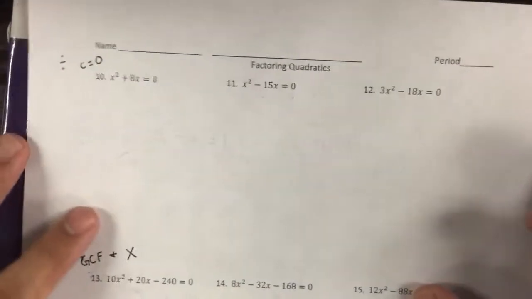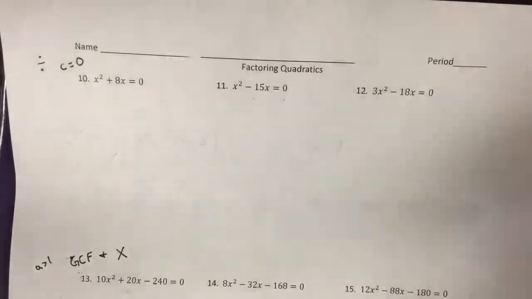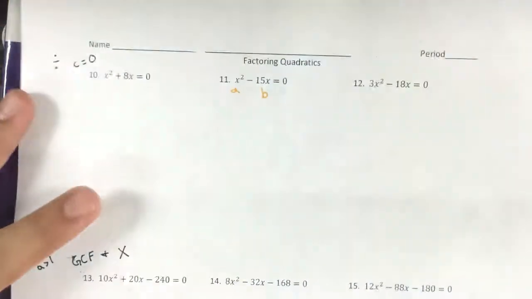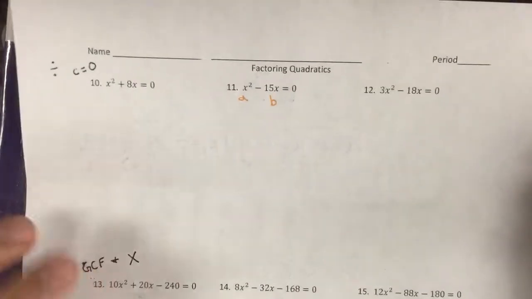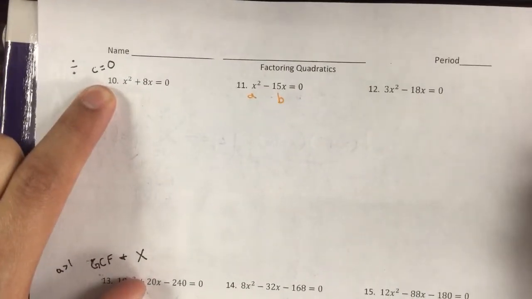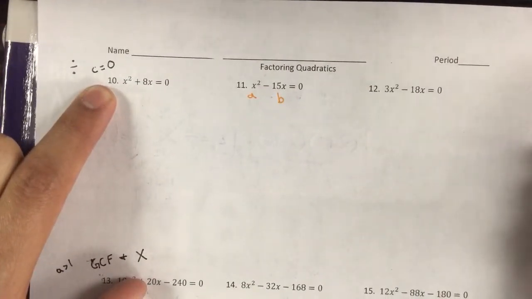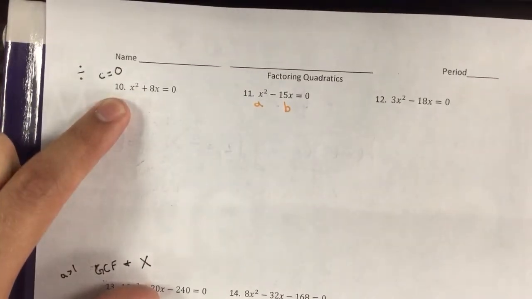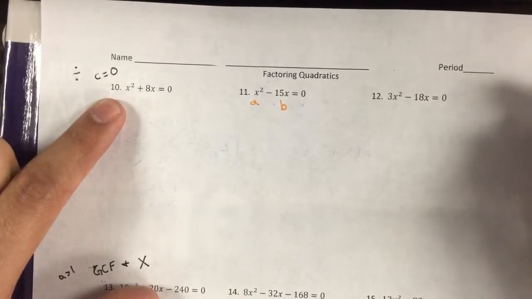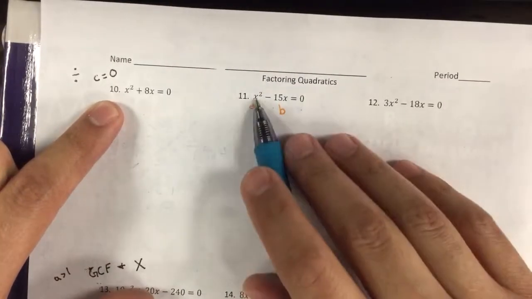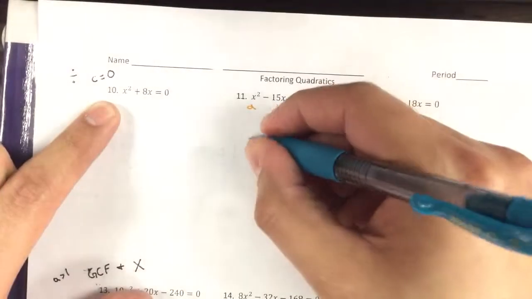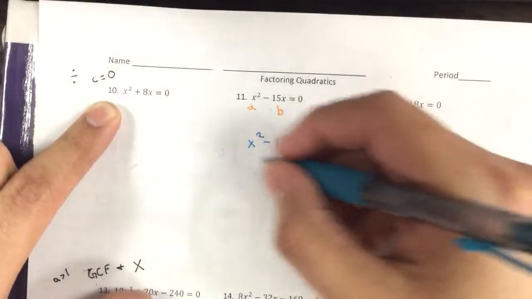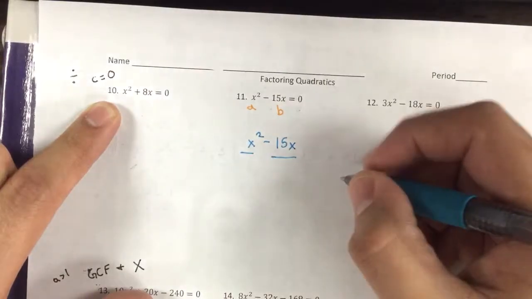All right, almost there. Let's go to the back. Now, same thing here. I have two terms. I have A and I have B. What's missing? My C value. I have no constant at the very end. So when you have a missing C value, you're going to be dividing. Okay? So division. Because if I have x squared minus 15x, I can divide both of these guys by x.